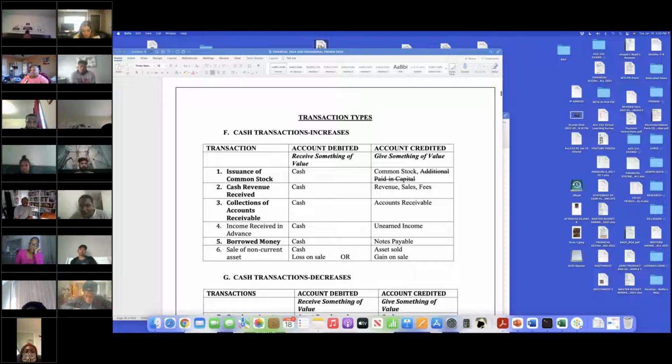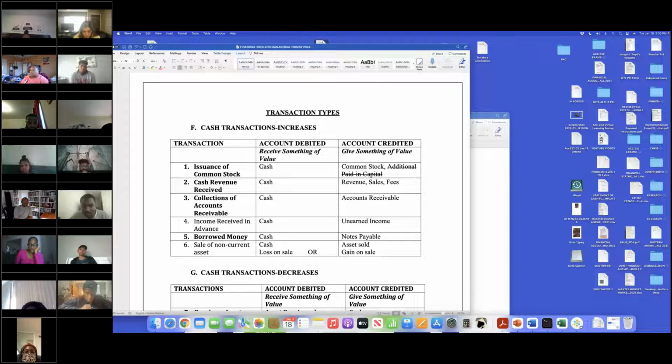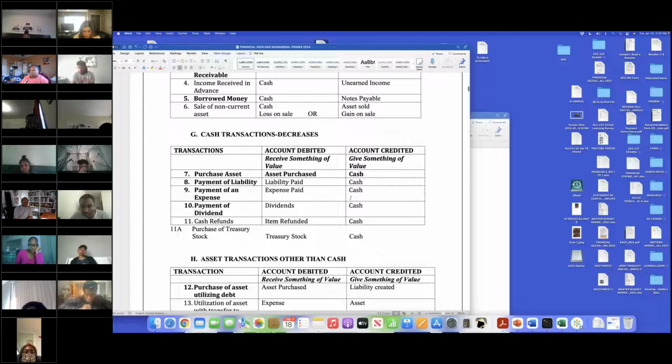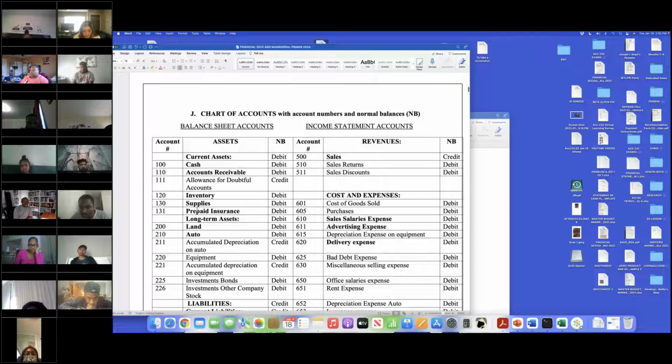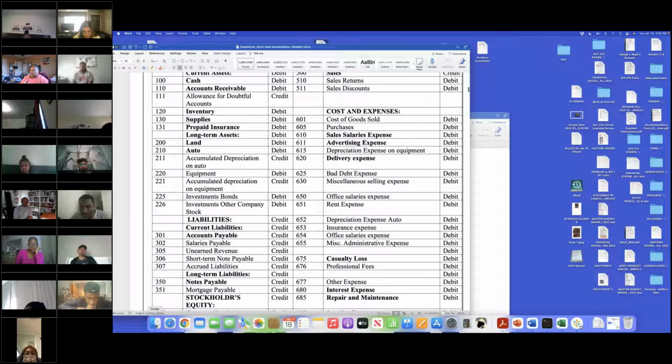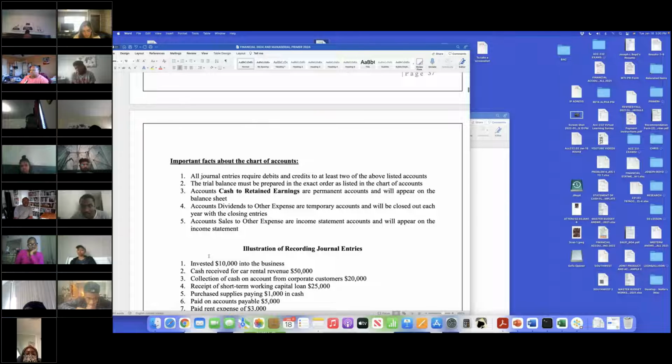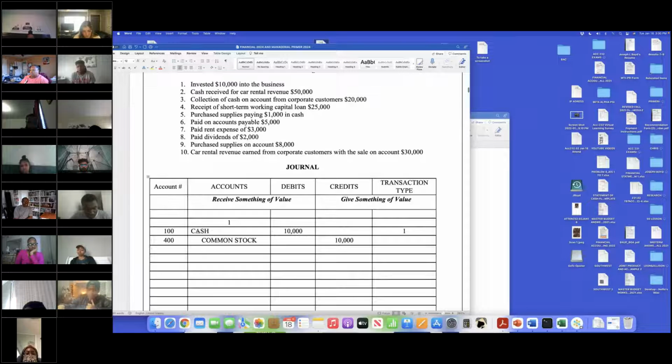So the transaction chart tells us we debit cash and we credit common stock. All we got to do then is go down here, get the cash account, that's 100, and get the common stock account, 400. You need these hard copy next time. We debit cash, because what the business got was cash. What the business gave up was those stock certificates, so we credit common stock. That's a type 1. That is a journal entry.